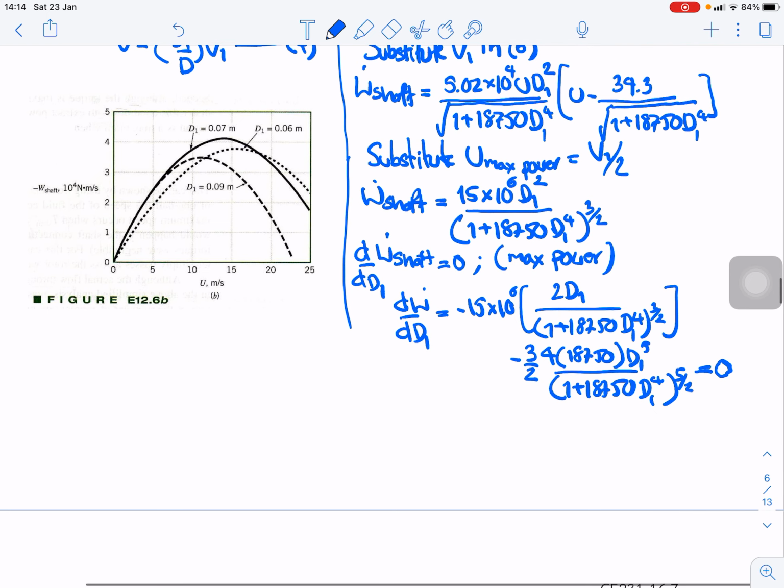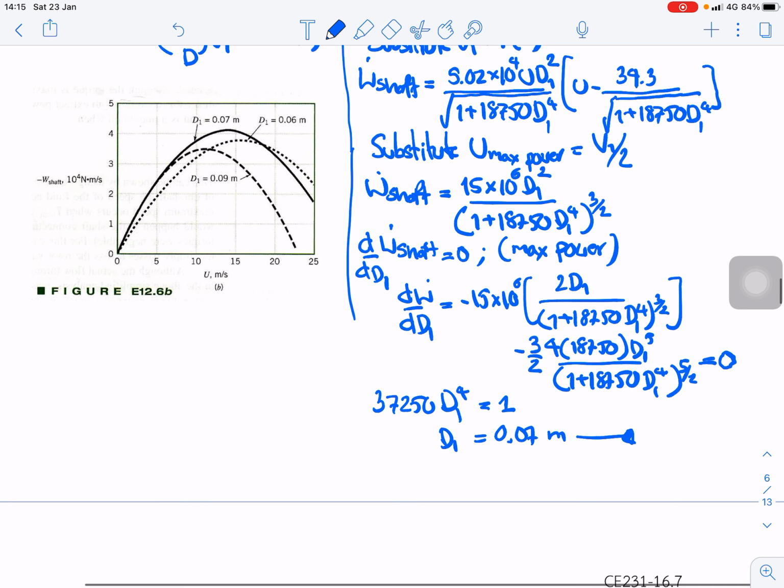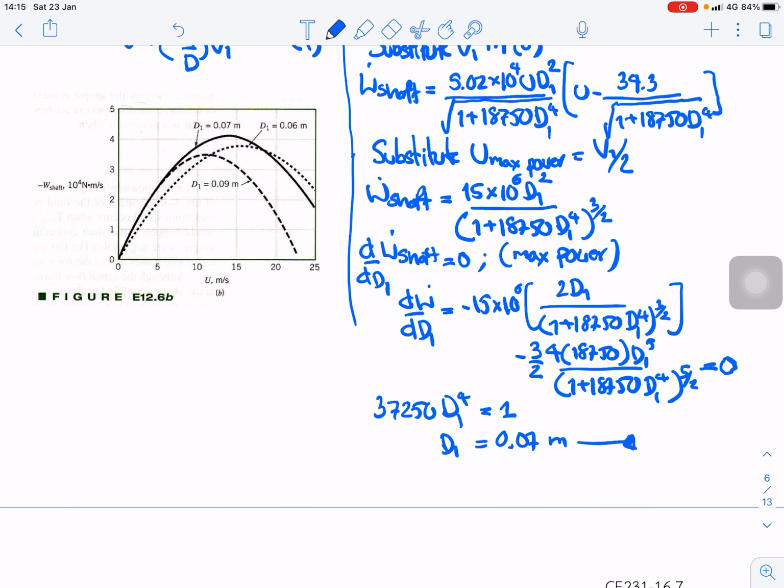It's quite a long process to differentiate the power with respect to D1. Then finally we can show that D1 is 0.07.